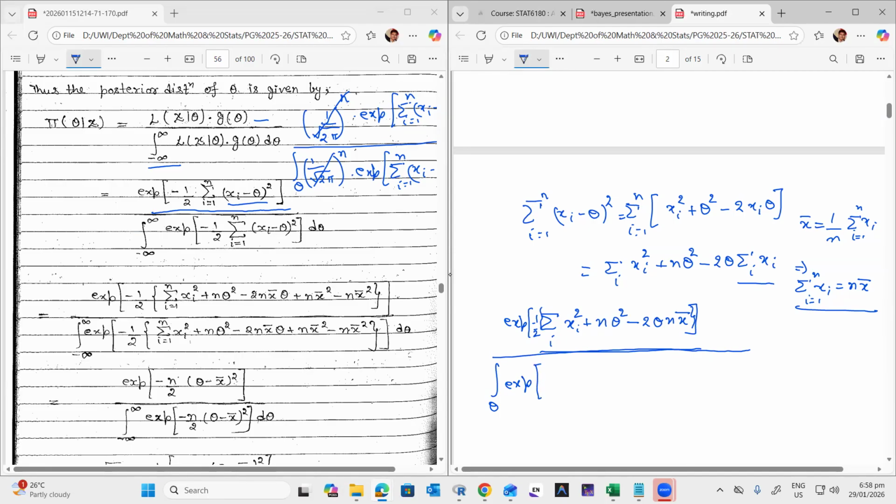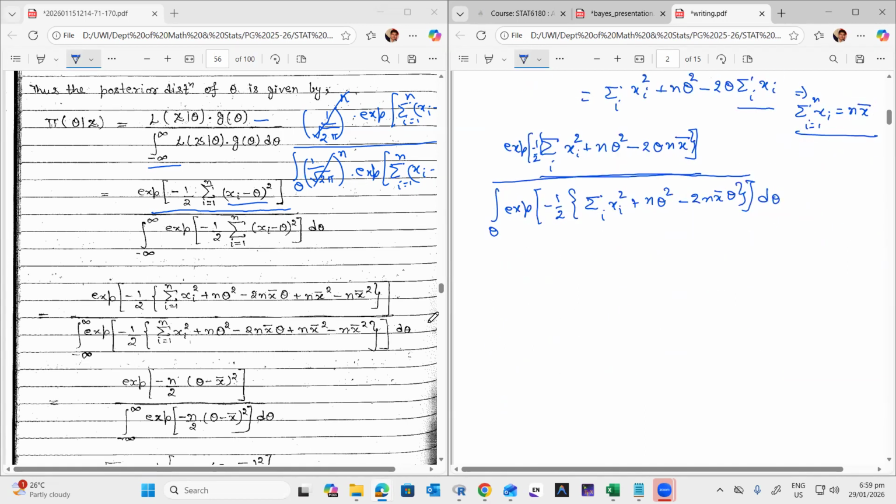So it is minus 1 by 2 summation over the range of i xi square plus n theta square minus 2 n x bar theta d theta.